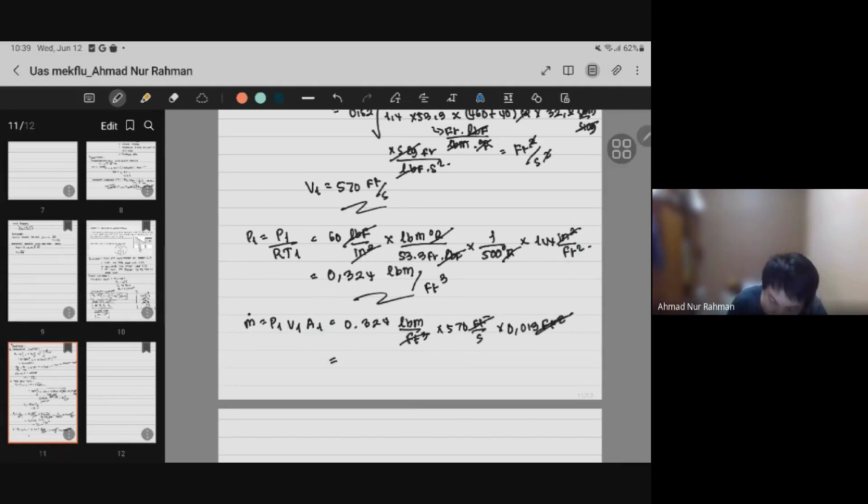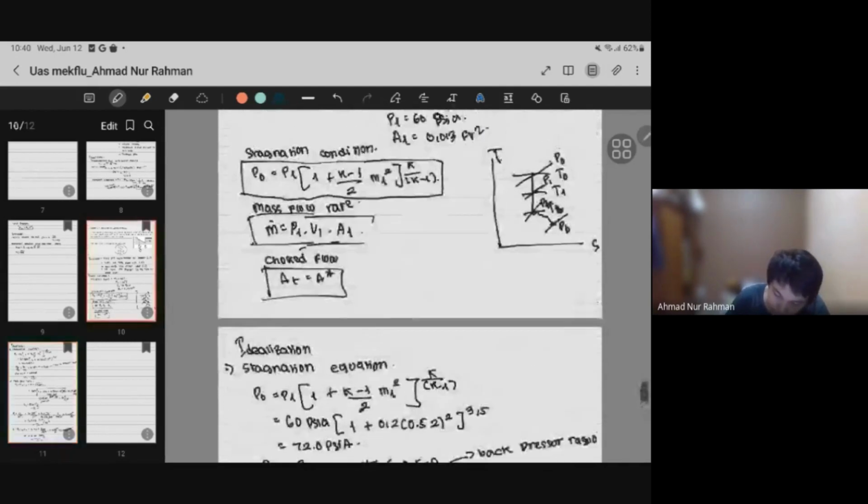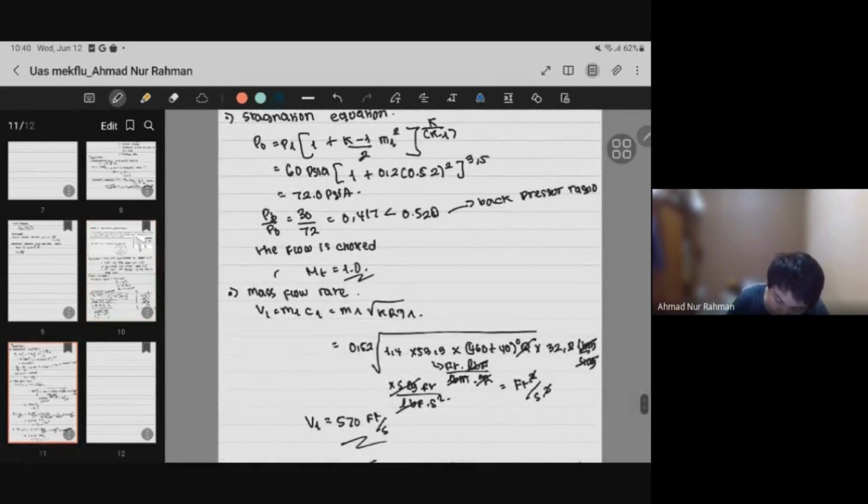So the result we have for m dot equals 2.4 lbm per second. This is the m dot result.